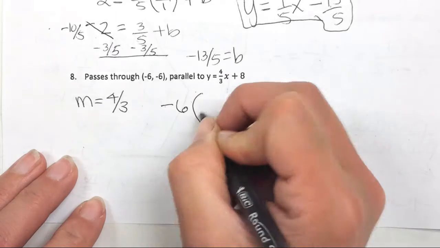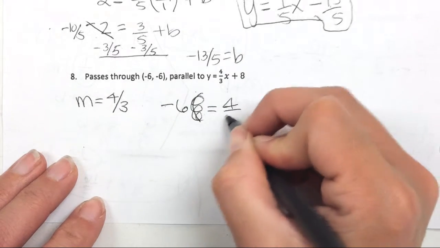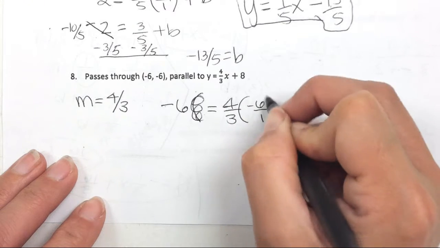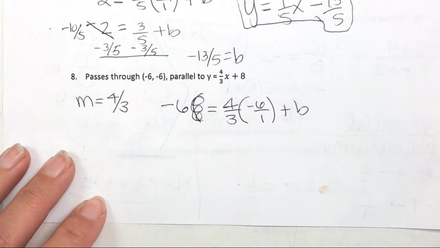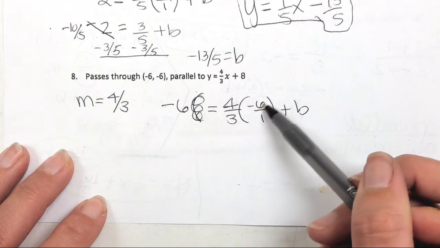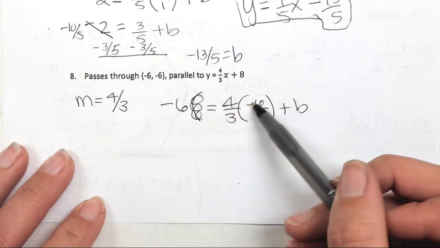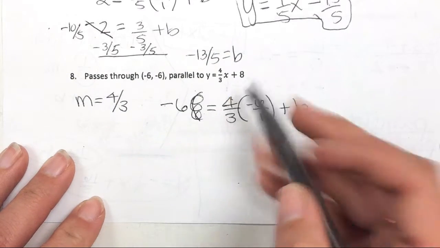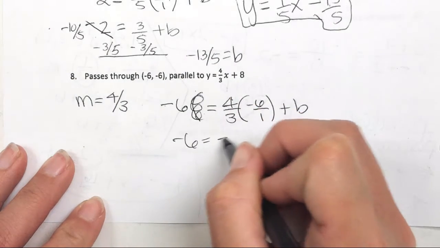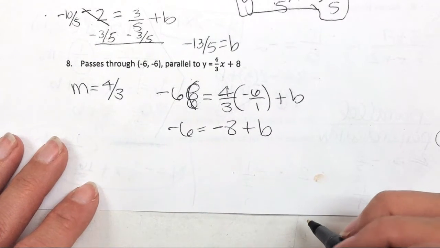So again, we can't multiply here, but we can divide. So negative 6 divided by 3 is negative 2, and we can multiply that one by 4. So that's going to give us negative 8. Very good.